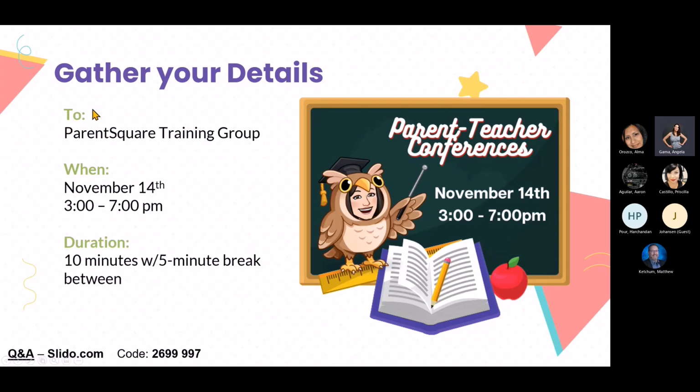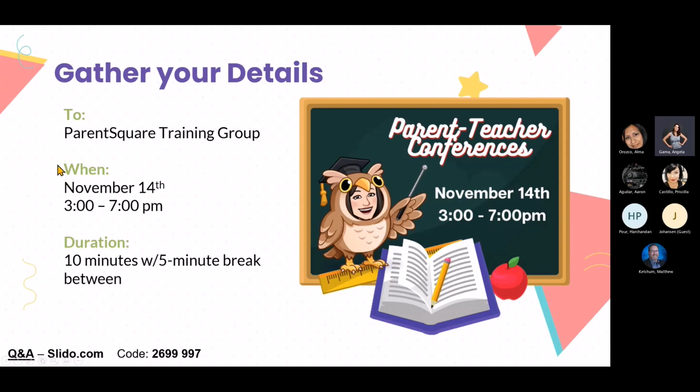If you have a specific class, that would be your audience. Or if you have multiple classes or a group, or if it's something open for the entire school, then that would be your audience. For parent-teacher conferences, you will make one for each individual class. Here, I'm going to use this ParentSquare training group as an example.